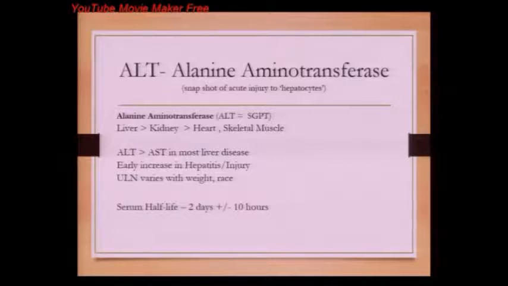If you're a large black man with a slightly elevated AST, it might be normal, because body mass and racial origin both have an influence. We don't have to get into the nuances of that today. The take-home point is take the upper limits of normal with a grain of salt.